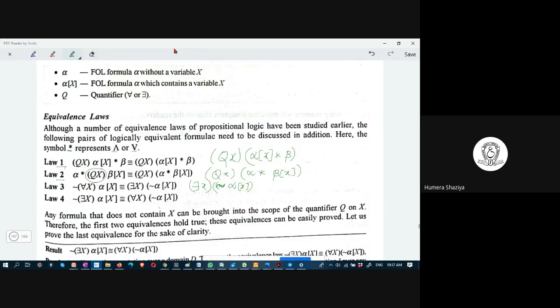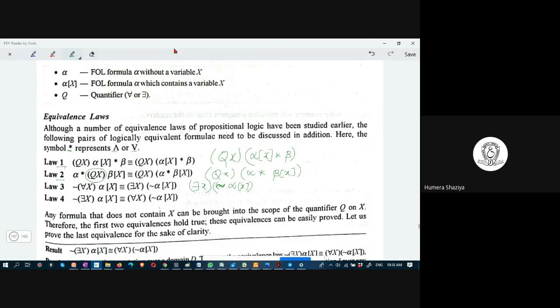Going ahead to the next law, which is law number 4. Here both the laws are very much similar. The difference is that instead of for all, here it is there exists. When not is applied to there exists, it turns out to be for all.